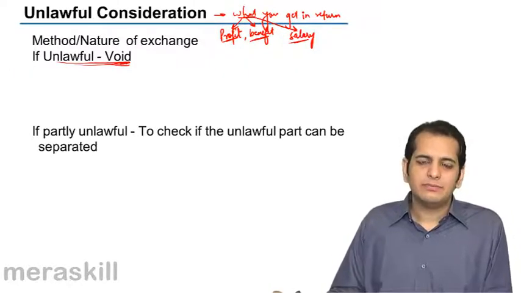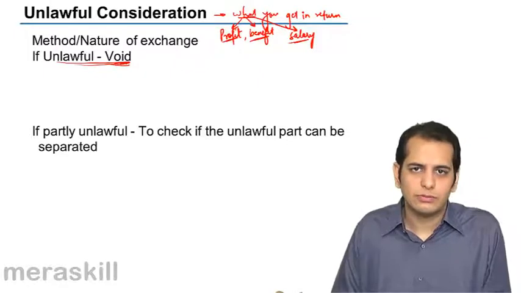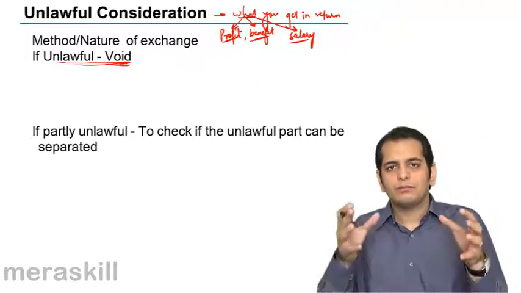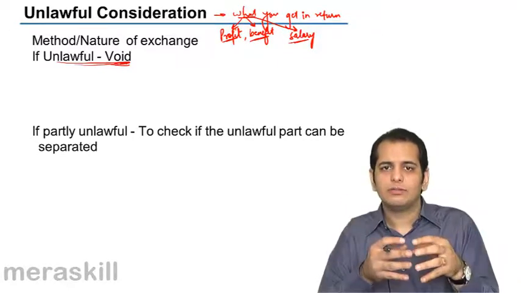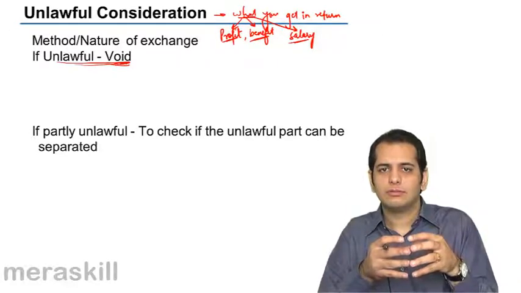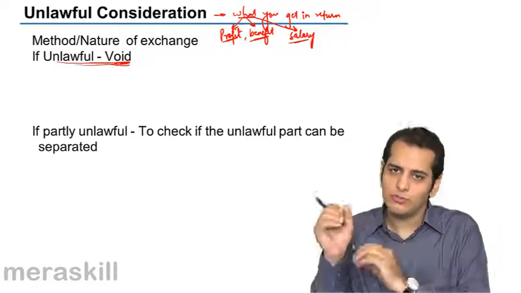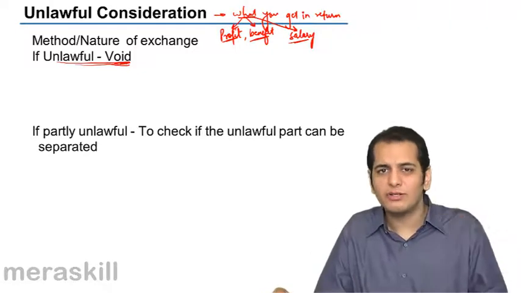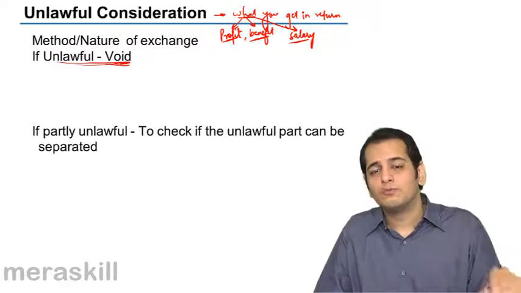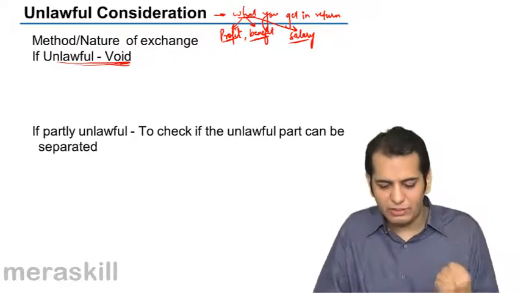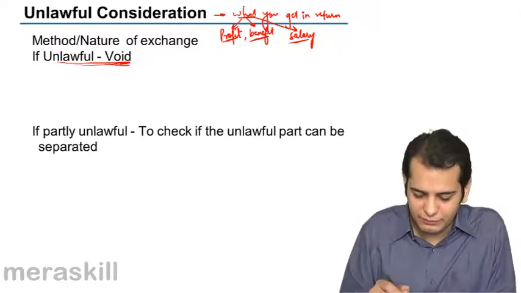In consideration, we normally have two things. We have to check if the consideration comes from legal sources or illegal sources. There can be a contract wherein the consideration that you are getting has both the elements. It is coming from a legal source also, it is coming from an illegal source also. I'll just give you an example.